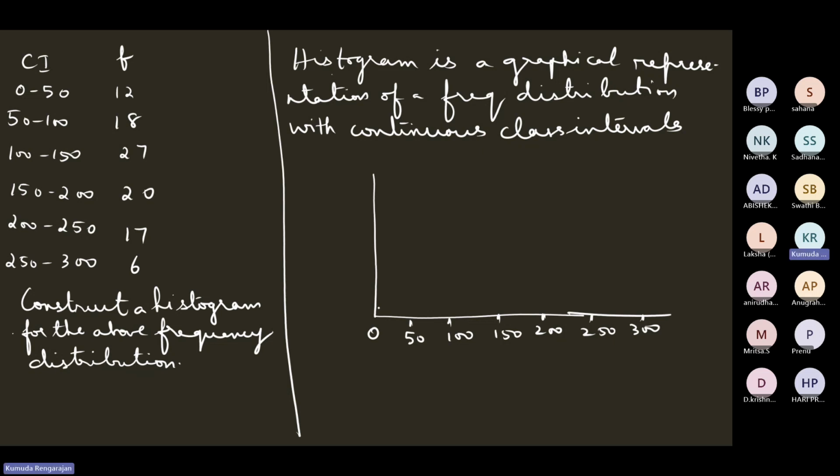Let me take 5 units, because if we take 10 units, then the rectangles in the histogram will be very, very short, and they should not be very short. So let's take 1 centimeter as 5 units. We'll mark 5, 10, 15, 20.